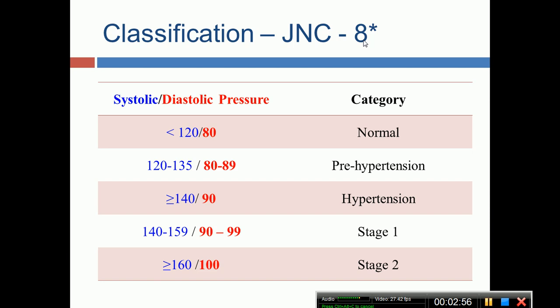It is less than 120 by 80. If it is 120 to 139, 80 to 89, it is pre-hypertensive, and if it is 140 by 90, it is hypertensive. It is 140 to 159 and 90 to 99, this is called stage 1. And if it is greater than 160 and diastolic is 100, it is called stage 2.